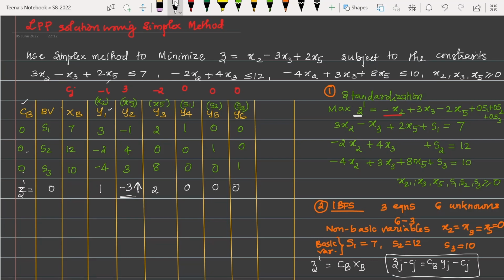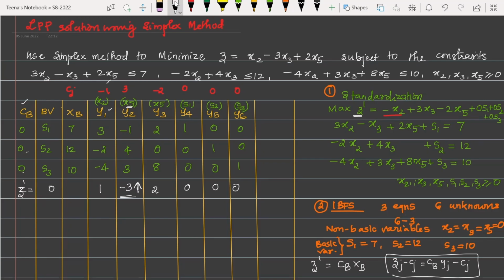So that means x3 should enter the basis. Here the number of basic variables is already equal to 3. When one more variable enters the basis, the number of basic variables increases to 4. That is not possible. So we have to make one variable leave the basis.